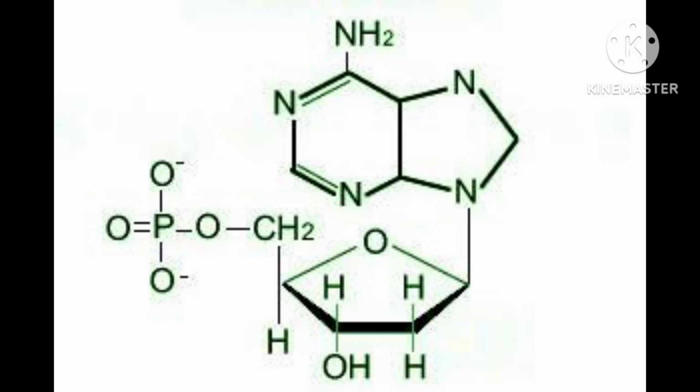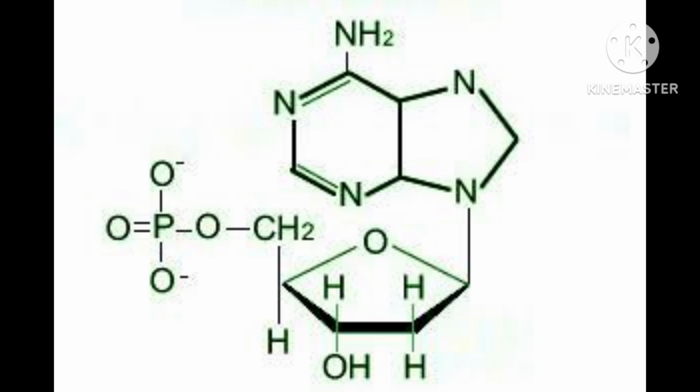Then carbon 1 has OH and H, and 2 also has H and OH, just the reverse way. Carbon number 3 again H and OH. Carbon number 4 again H, and outside, in the place of OH, now CH2OH is there. Then this is called beta D ribose, okay.